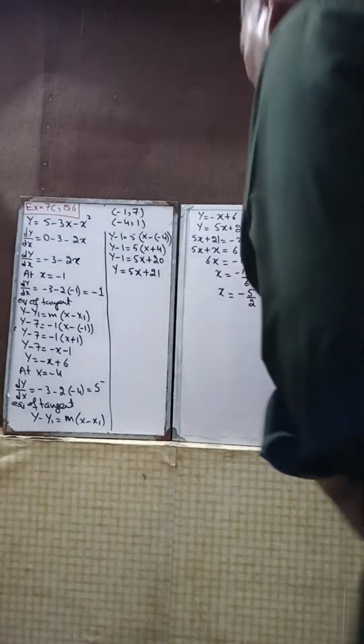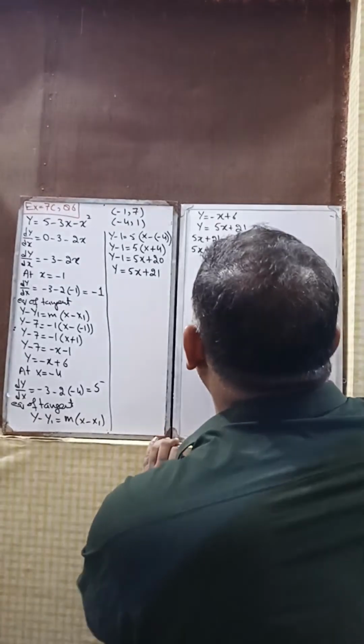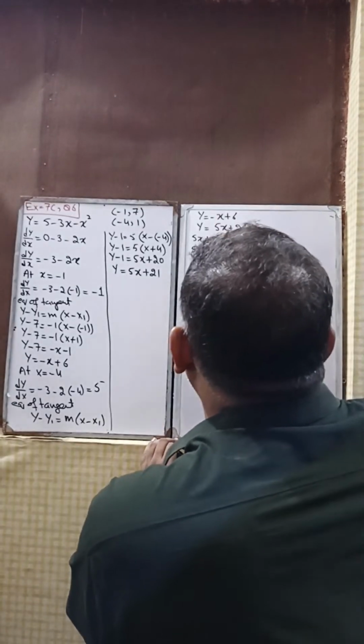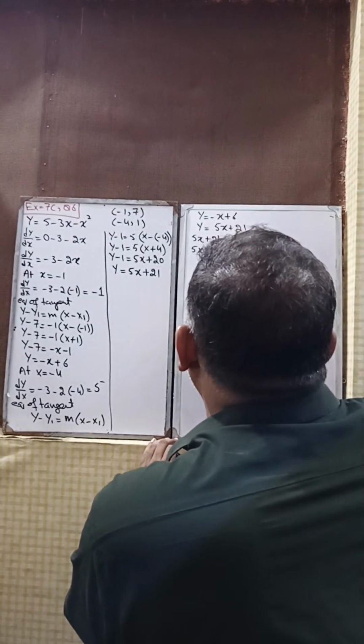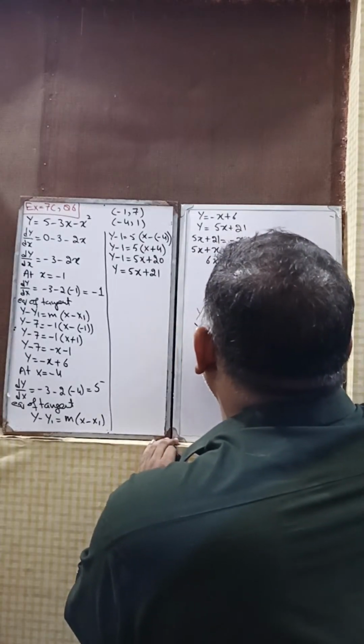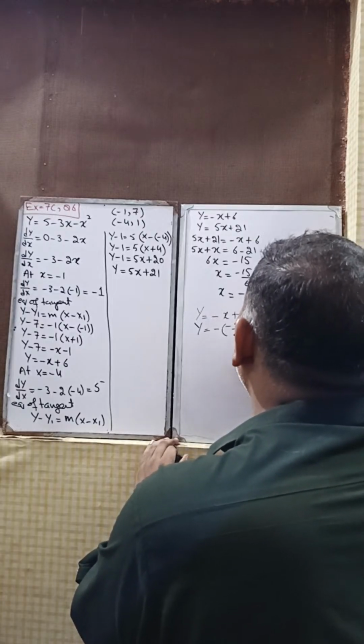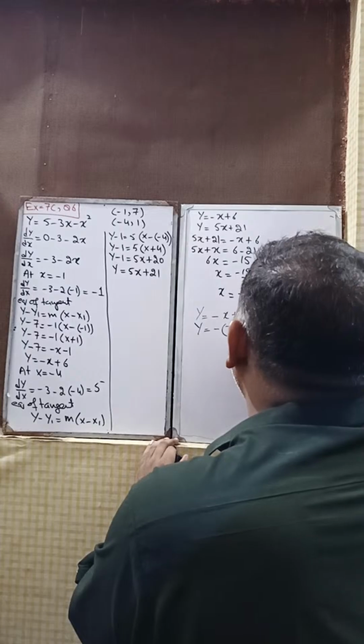Now I will find the value of y. Just put this value in any of these equations. For example, y equals minus x plus 6. So y equals minus into minus 5 by 2 plus 6.